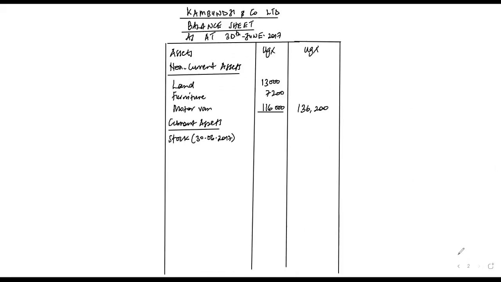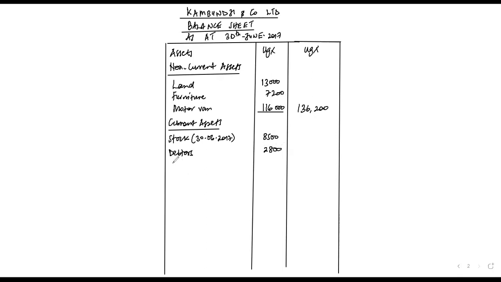So our closing stock is 8,500, that is the stock. Then we have to show the debtors, sometimes referred to as the receivables. This is 2,800.